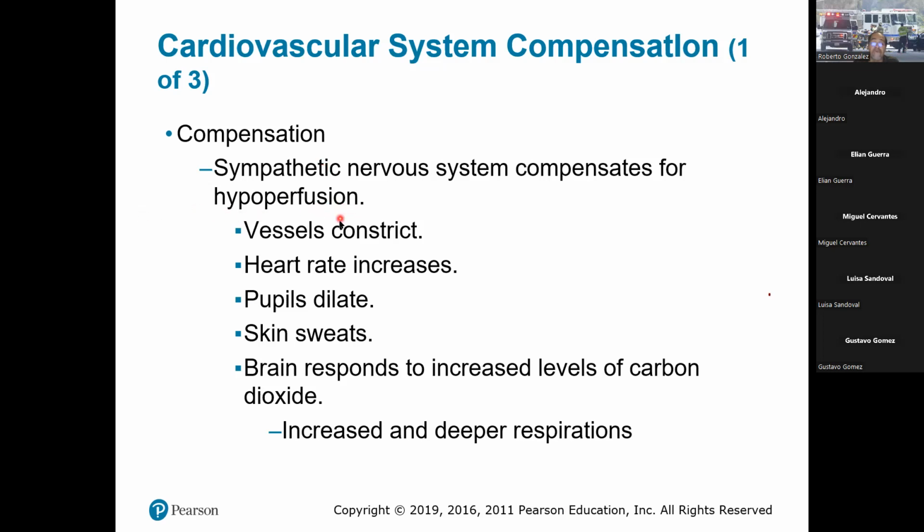Perfusion is blood pressure. So when you have hypoperfusion, or low blood pressure, the vessels tend to constrict. The heart rate increases, pupils dilate, skin sweats, and the brain responds to increased levels of carbon dioxide. You have an increase in deeper respirations also.